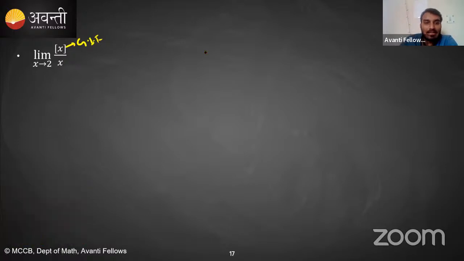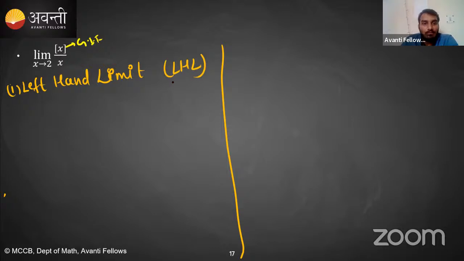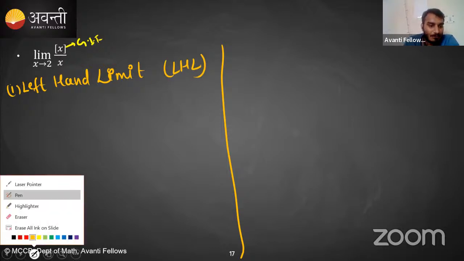Since this is the first example, let me solve this. How do you find the limit? You will first find the left hand limit. From the second example, I will be directly writing LHL for left hand limit.